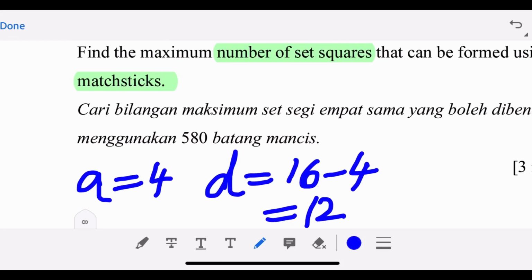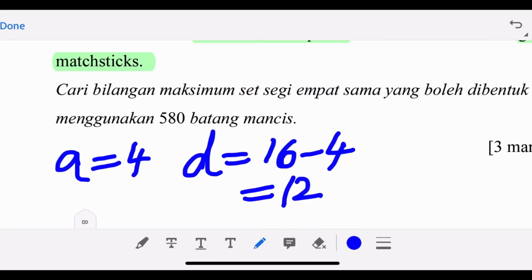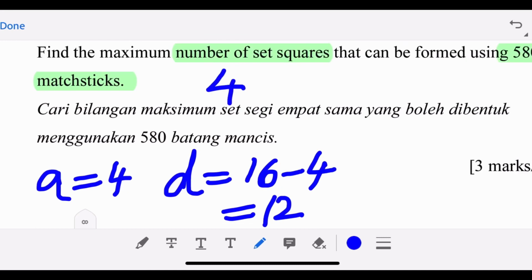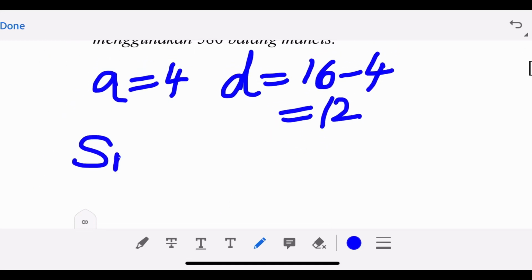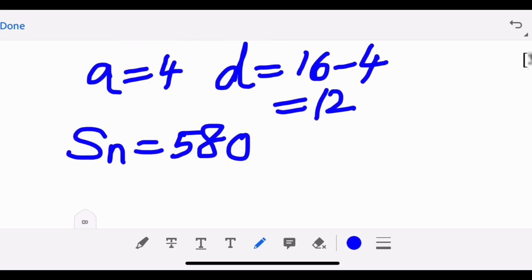So then the question is asking you to find the maximum number of sets of squares that can be formed using 580 matchsticks. Alright, so this one is about the sum, right? Because you need to add all the matchsticks, so we use Sn equal to 580.